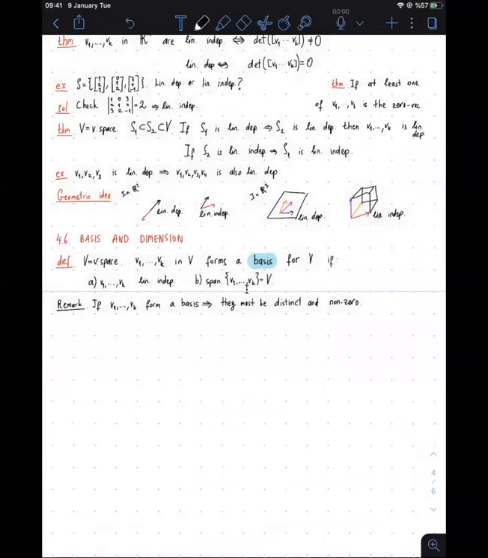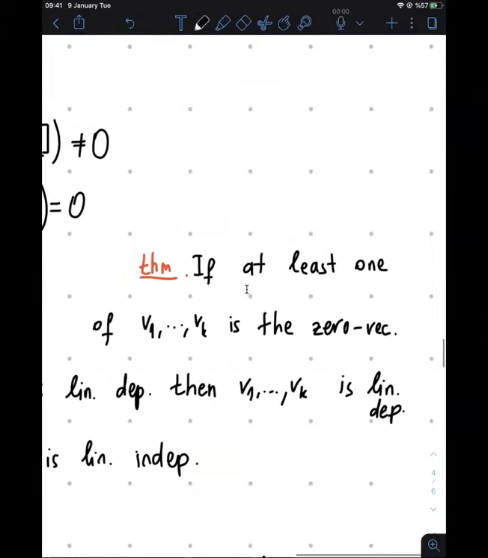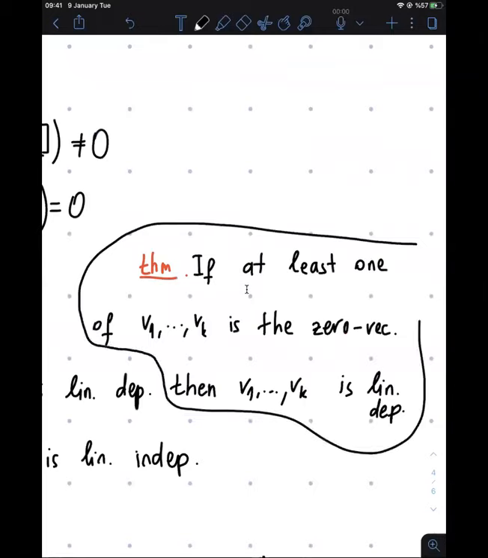Okay, so let's zoom in here, so that this stands out. Okay, so this is a theorem.